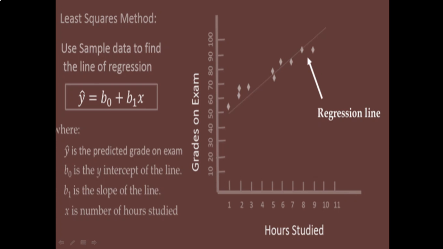Please pay attention, and I'll write it on this slide. The intercept is where the line cuts the y-axis. But the slope means that when x is increased by 1 unit, y will increase by b1 units.